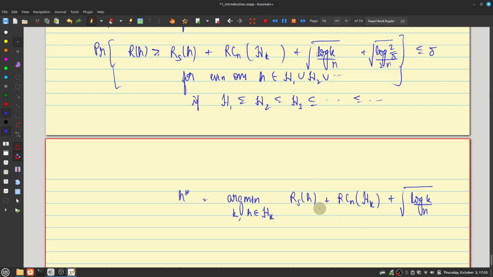As you increase k, right, you make k really large, then your empirical risk could be very small, but then the complexity is really large, right? So this is not going to prefer that over something that achieves reasonably small, non-trivial empirical risk but very small complexity. So this effectively trades off.